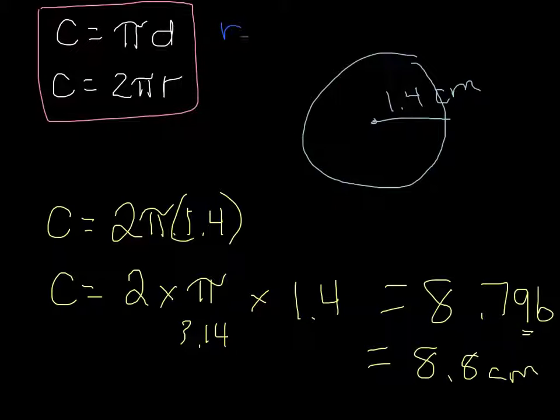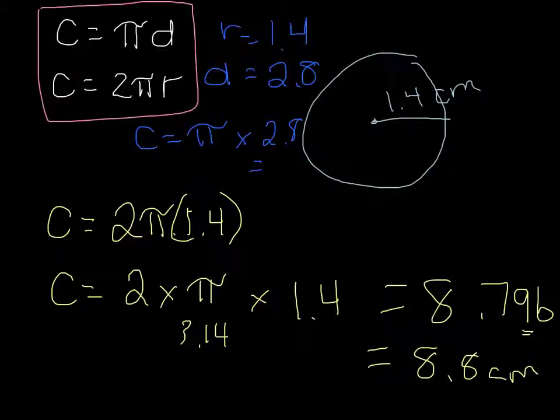If I know that my radius equals 1.4 centimeters, I know that my diameter is just 1.4 multiplied by 2, which is 2.8. So now I have my radius and I have my diameter, so I could use this first equation up here. I would just plug my diameter into that equation, which would look like circumference equals pi multiplied by 2.8.